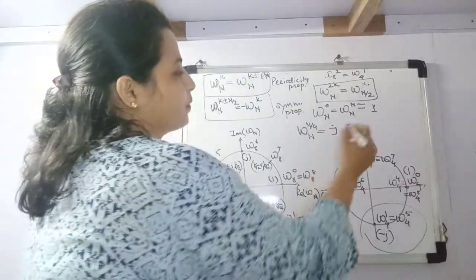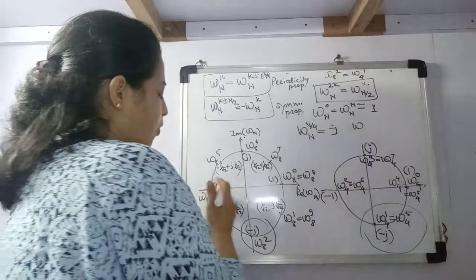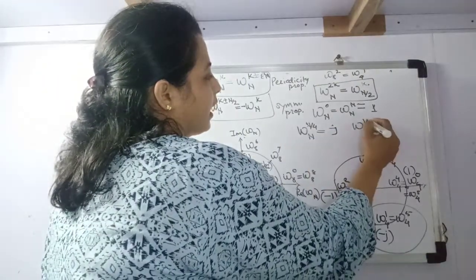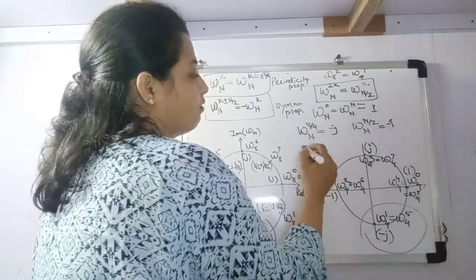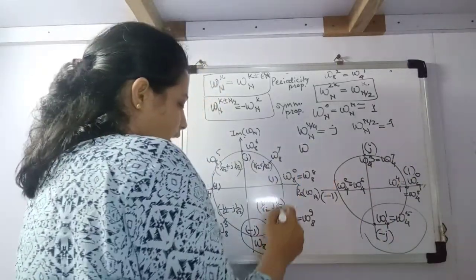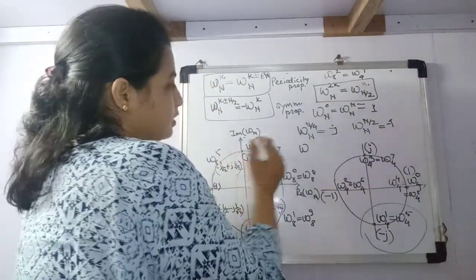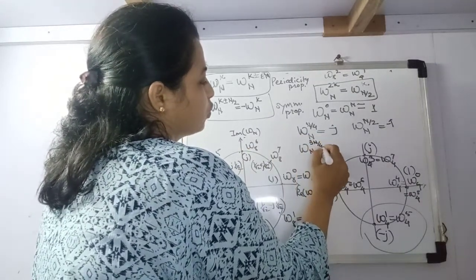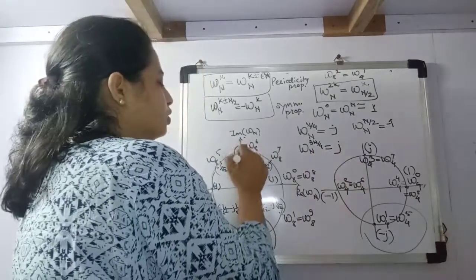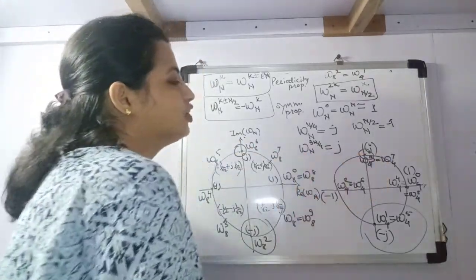Again, for half number of points, omega N^(N/2) is equal to minus 1 always, and omega N^(3N/4) is equal to j. So this point is always j.